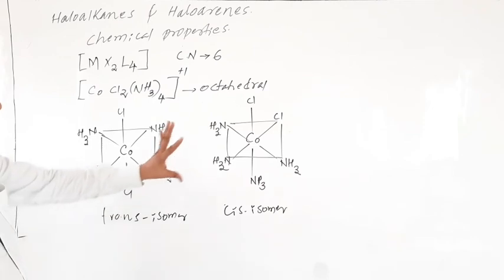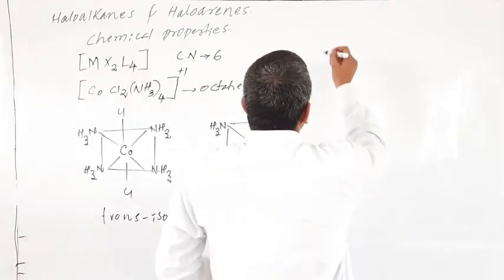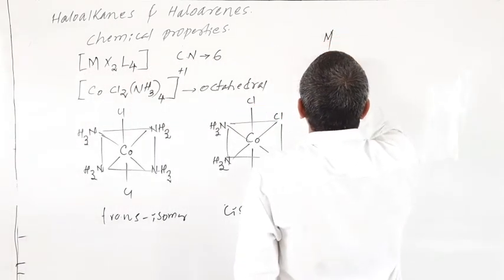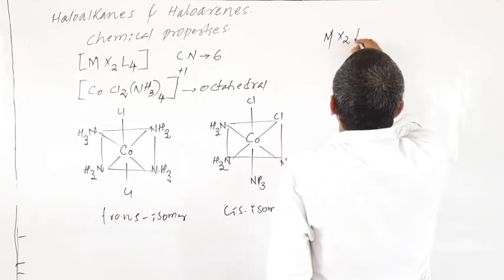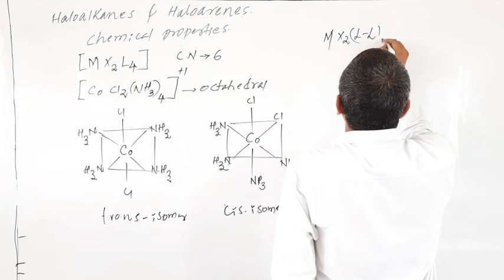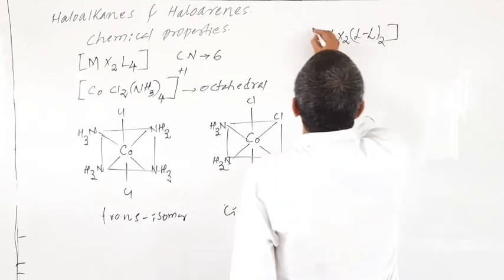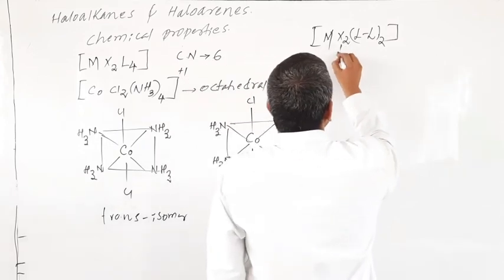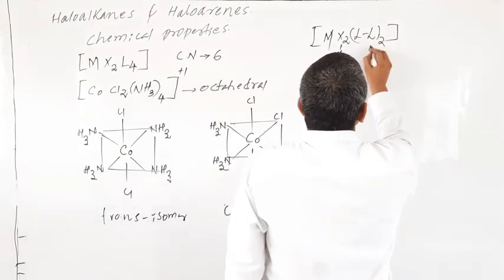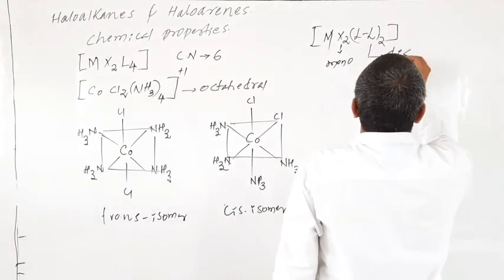And even compounds of the type MX2L2, where LL is a didentate ligand, also show geometrical isomerism. Here X is monodentate, whereas LL is didentate. You remember this point.